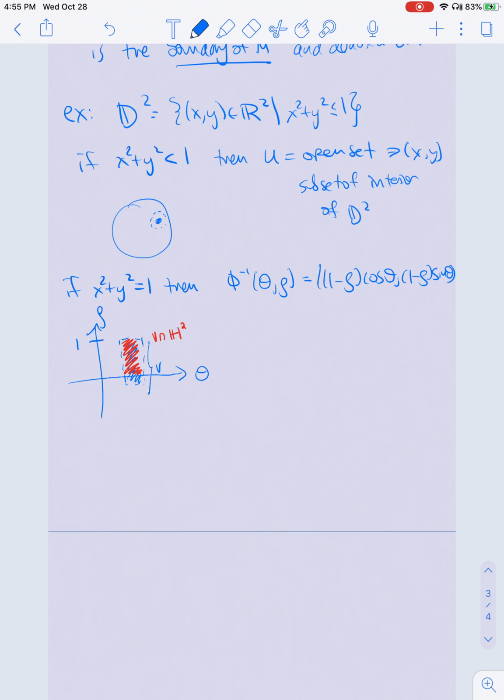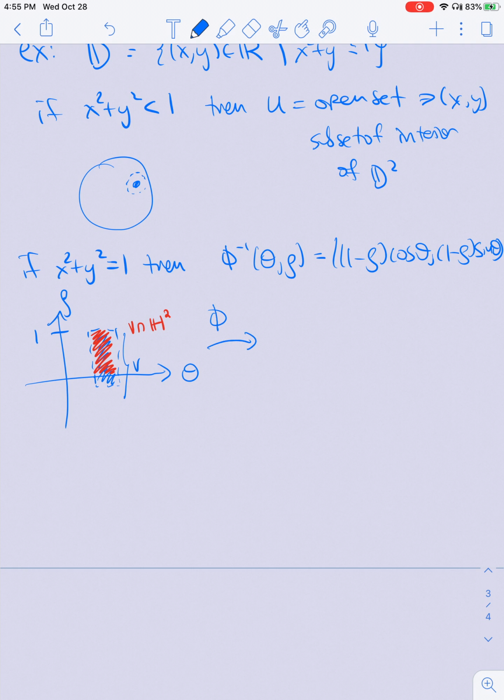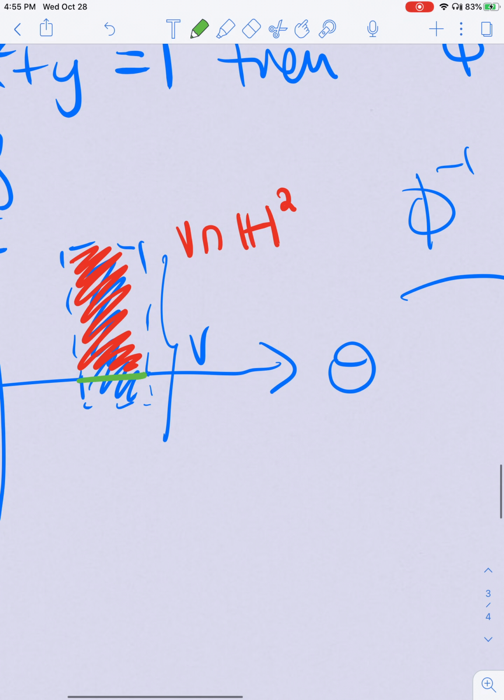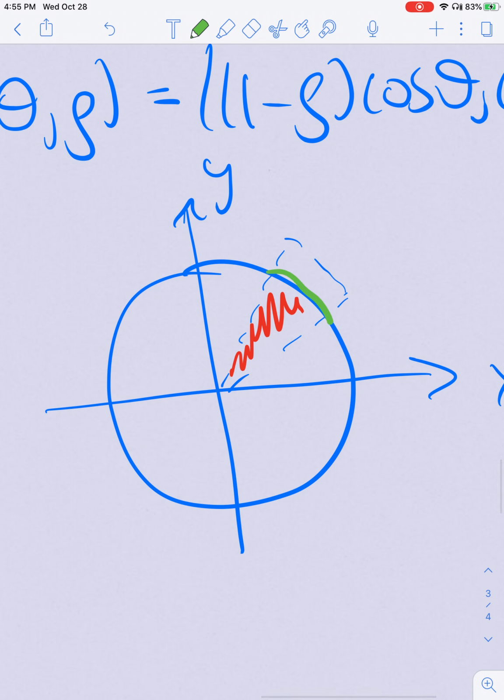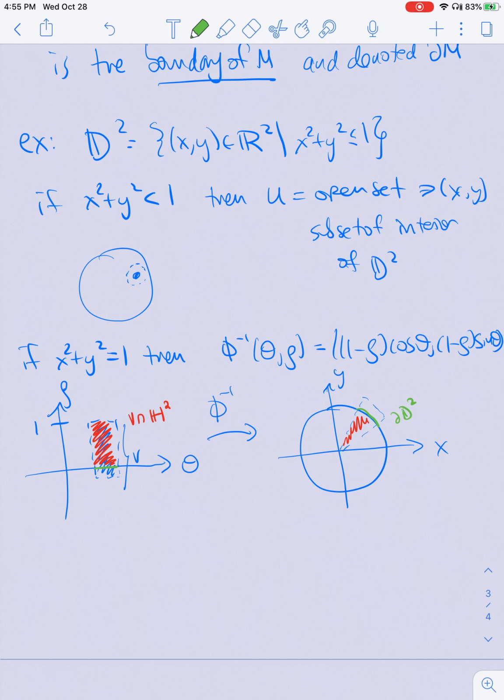The whole thing is V. Then phi inverse will send V to something like this, and it'll send V intersect the upper half space to this part. You can see that there's going to be a sharp line, which is the boundary. I'll draw that in green to make it more obvious. This is the boundary. So it's a way to make mathematically precise a concept of boundary that we intuitively understand.